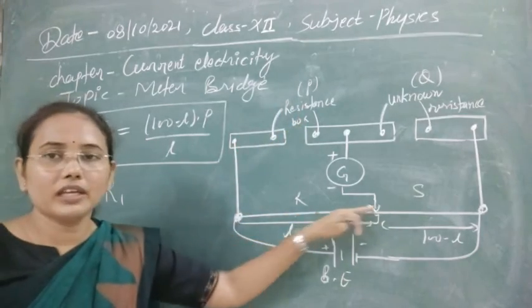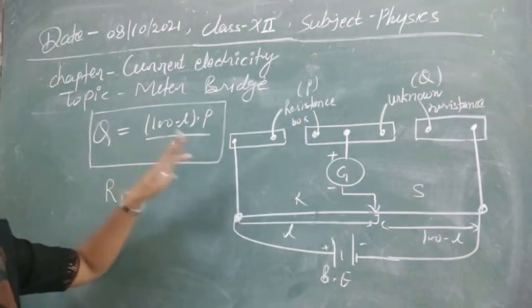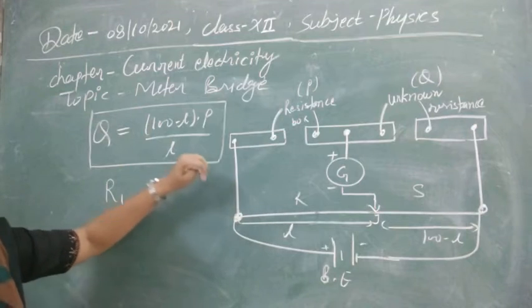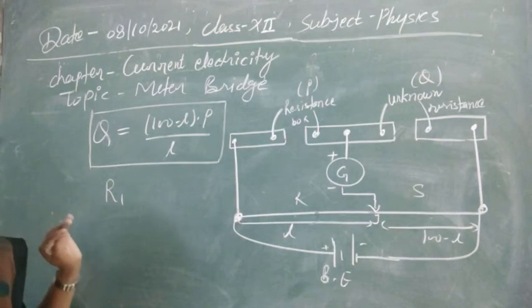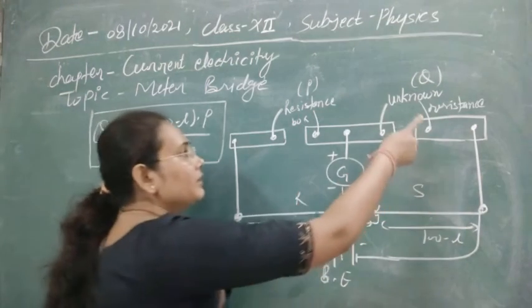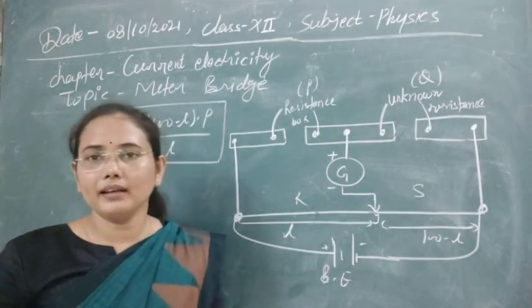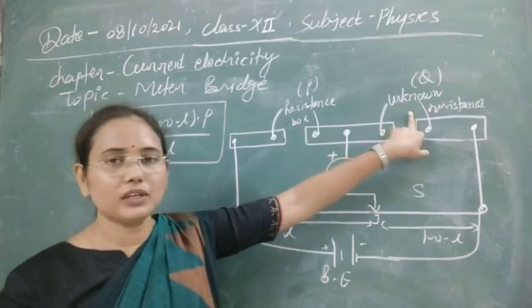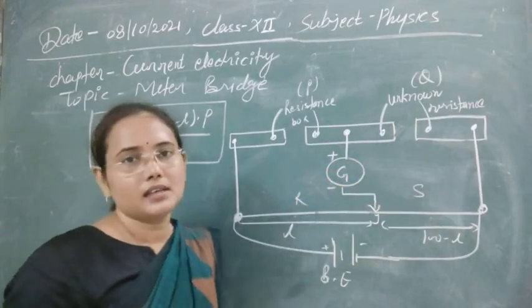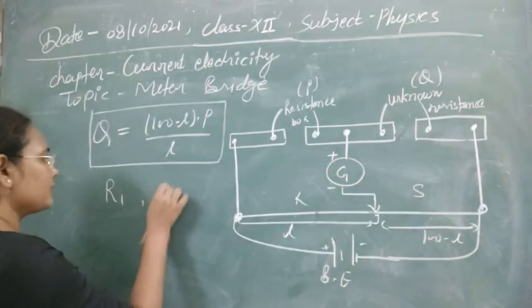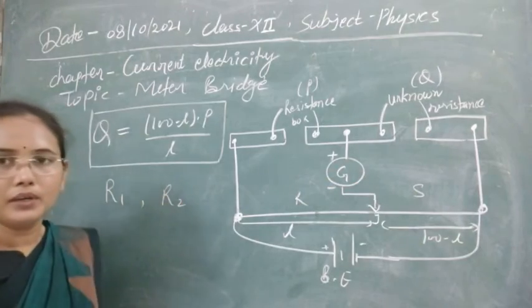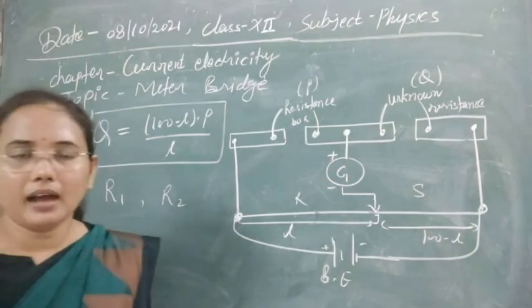By moving the jockey you find the length L for the null point condition, and that way we can calculate R1. Now remove the first coil, attach the second coil in its place, and find its resistance by the same method. That resistance will be R2. So we have calculated R1 and R2.